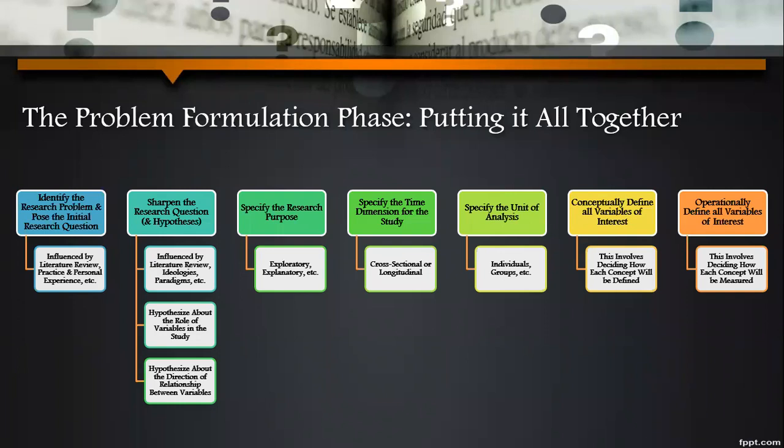So with all of that being said, we talked about the different types of variables and the role of those variables in research studies. We talked about research hypotheses and research questions. We talked about the difference between positive and negative relationships. We looked at this notion of operationalization and what it means to measure a particular concept or variable.